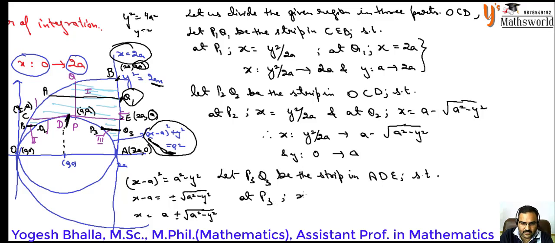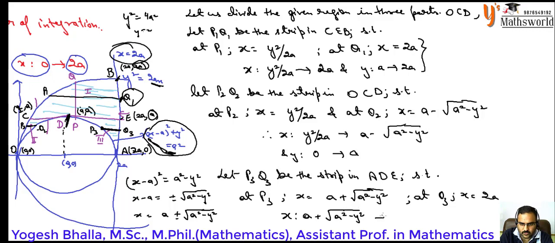At P3, x will have a positive value, so it will be a plus root of a square minus y square, and at Q3 x will be equal to 2a because it is lying on the line. So therefore x is varying from a plus root of a square minus y square to 2a, and y is varying from point A to the point E. Here it will vary from 0 to a.